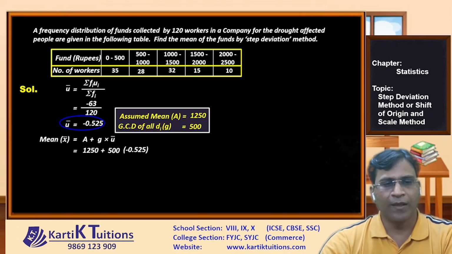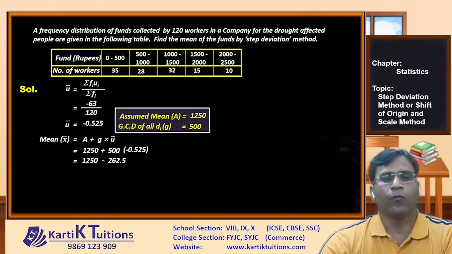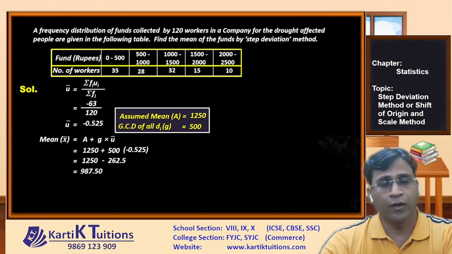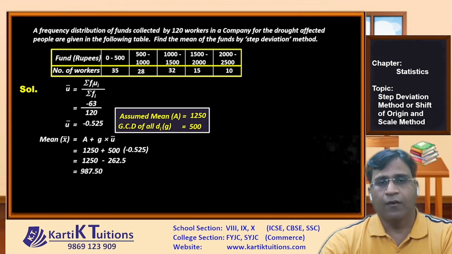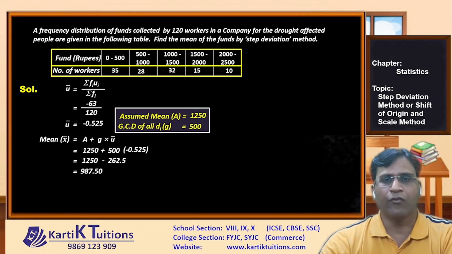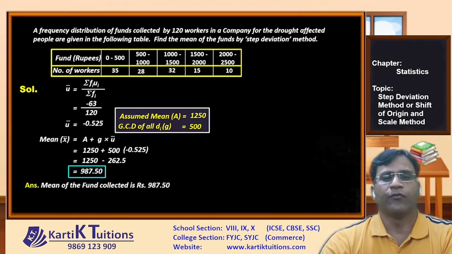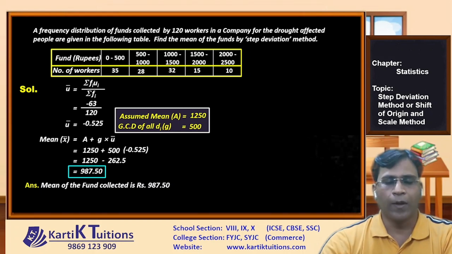Now when you multiply this, 1250 minus 262.5, and find the difference, you'll get it as 987.50. The sum is not over yet. As I've told you, always write the answer in statement form at the end with the units. Now here the first column was of rupees, so your answer will have the units as rupees. So the mean of funds collected is rupees 987.50. I hope I'm clear till here.